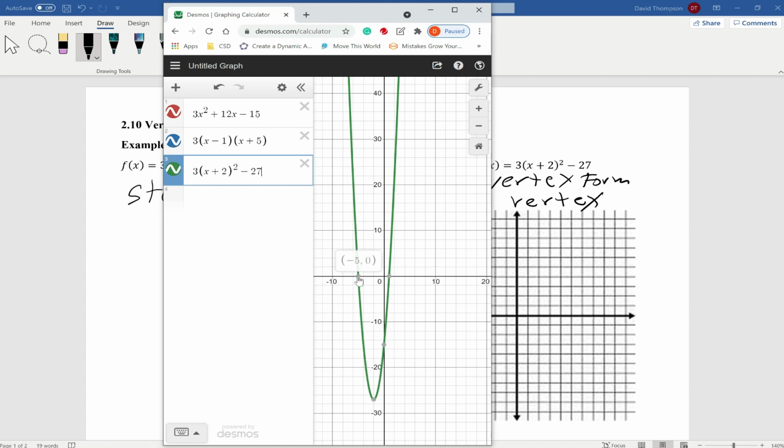So the zeros are -5, 0, and 1, 0. And our vertex is -2, -27. And we are done with example 1.